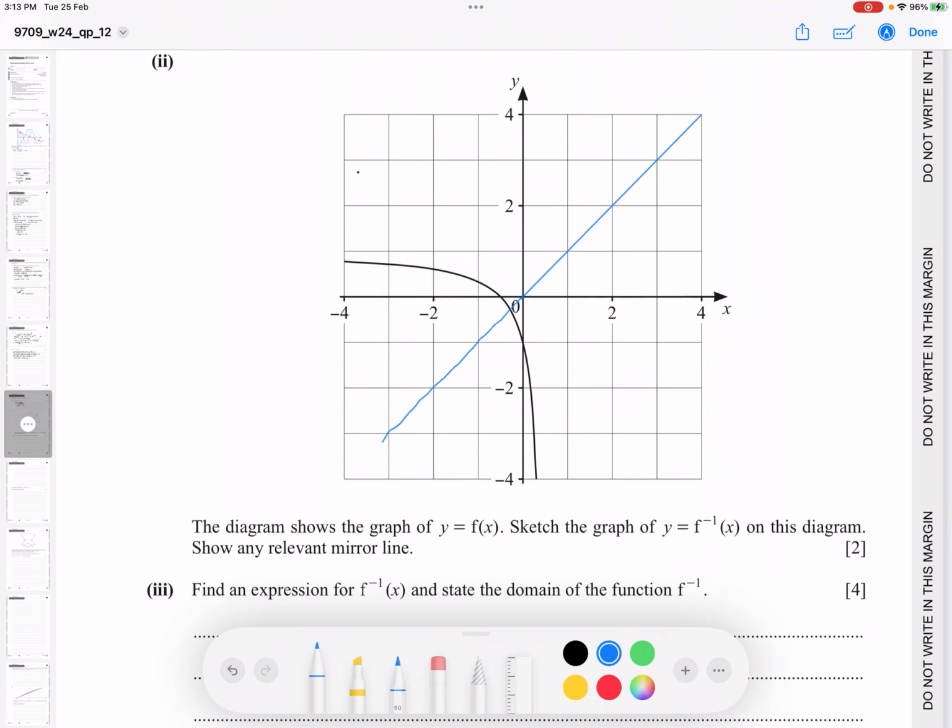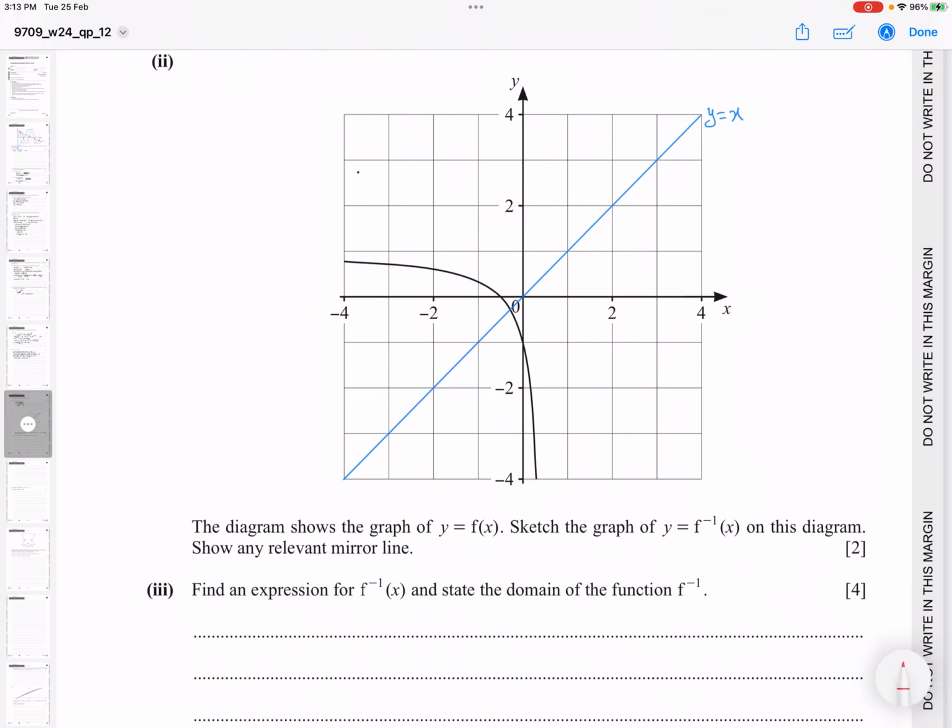Always. So this is your y is equal to x line. You can write 1 here and make 1 as asymptote, and I will explain you in detail why our asymptote is here.